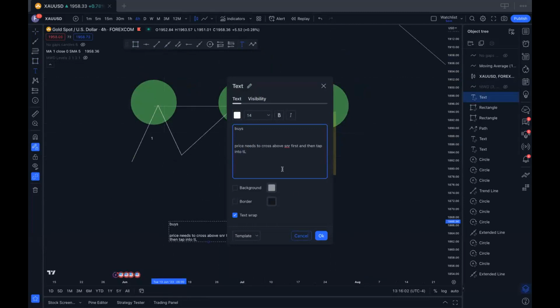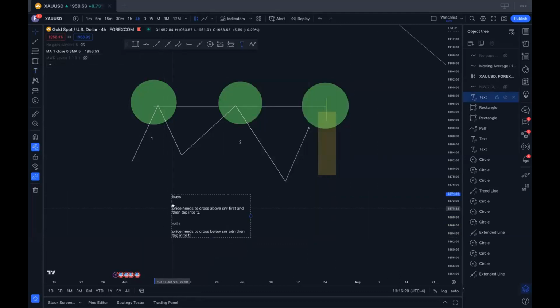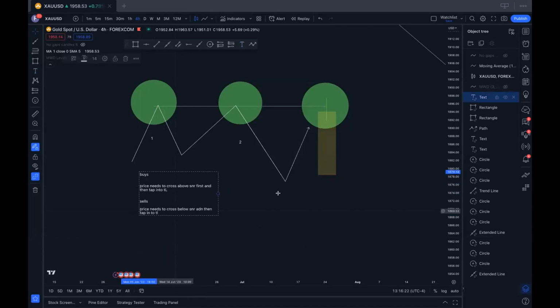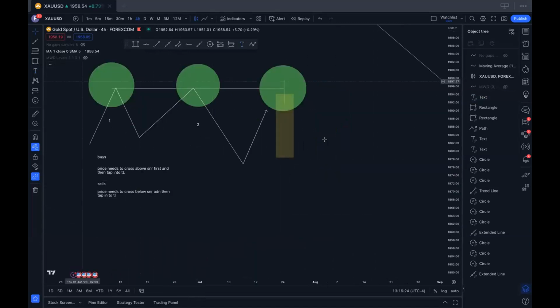Okay. For sells, price needs to cross below SNR and then tap into TL. We'll go over this in just a moment, but that is a very important rule, okay? These two are very important, so remember that.